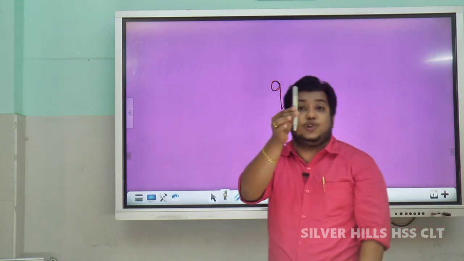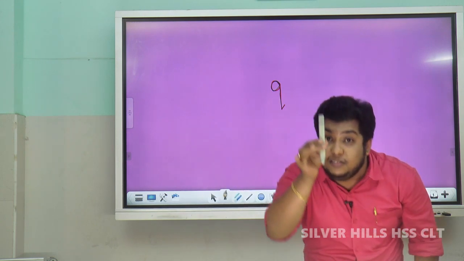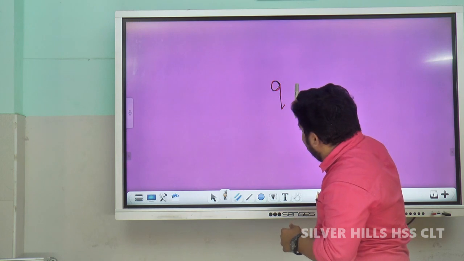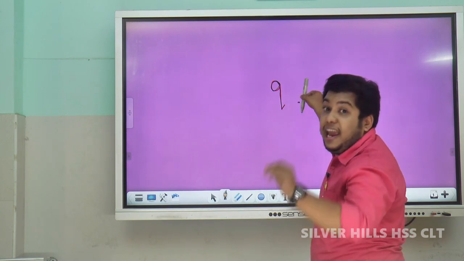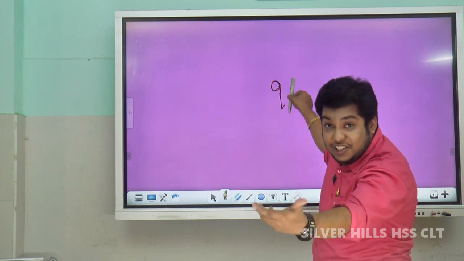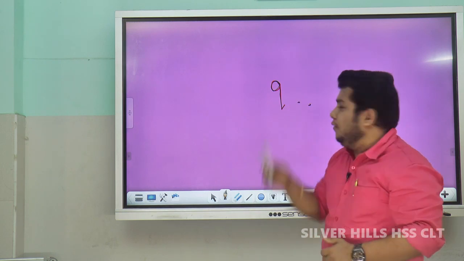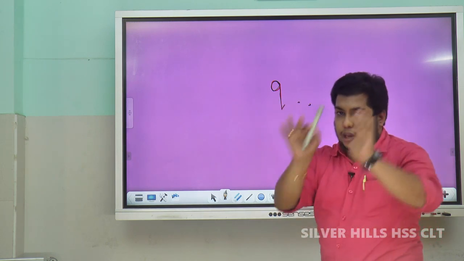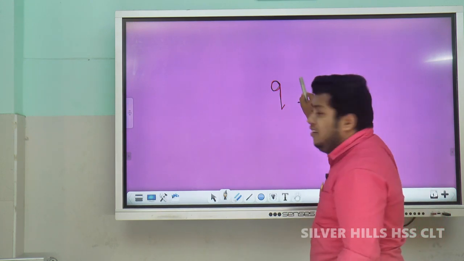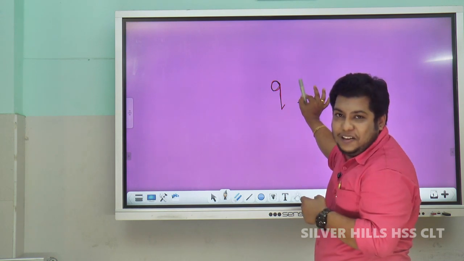This is another charge in my hand. When I place it here, there will be a force of interaction, either an attraction or a repulsion. So this is our point charge and another point charge. When I place it here, they will experience a force of interaction.